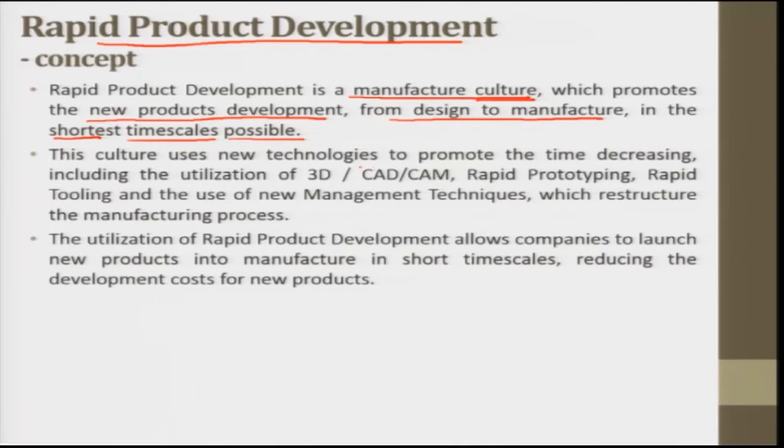We need to reduce the times because of short times to market. This culture uses new technologies to promote the time decrease, including utilization of 3D CAD, CAM, rapid prototyping, rapid tooling and the use of new management techniques which restructure the manufacturing process.